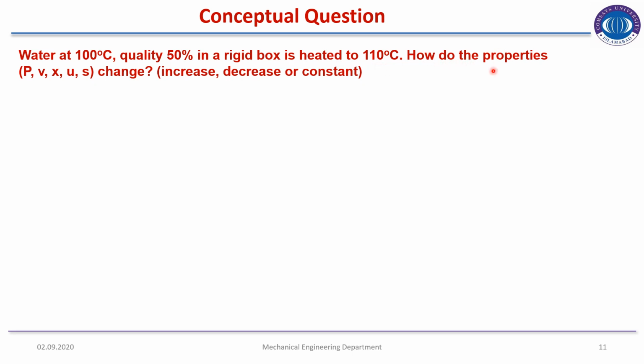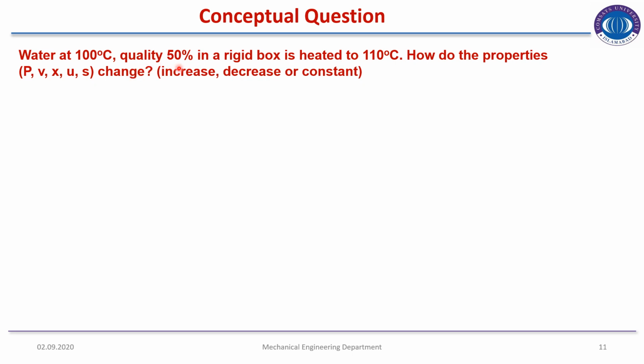How do the properties pressure, specific volume, X is quality, U is internal energy, and S is specific entropy change? So here 5 properties are given, the working substance is water, the initial temperature is 100 degrees centigrade, and the final temperature is 110 degrees centigrade.